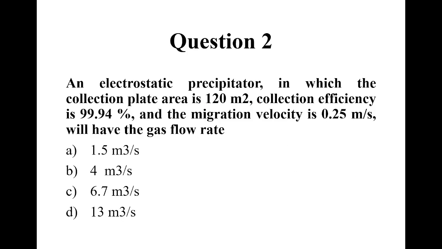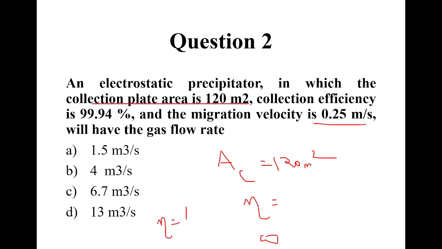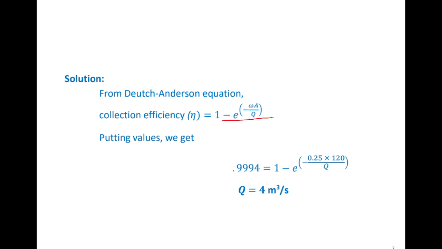Then the second question is related to electrostatic precipitator, in which the collection plate area is given. Area of the collection plate 120 meter square, and the collection efficiency eta is given. Omega is given 0.25. We know the formula for efficiency: 1 minus e power minus omega A by Q. So if you substitute all the values, you will get Q, 4 meter per second.